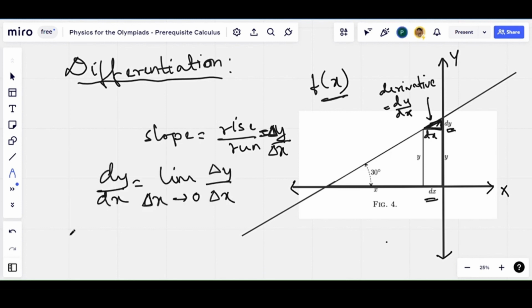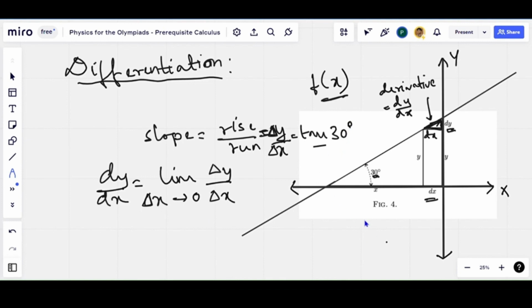In this case, the slope would be y by x, as it always is, but it is special because it is a right angle triangle with one angle as 30 degrees. So y by x can be written as tan 30 degrees, because here y is the perpendicular and x is the base, and tan theta for all theta is equal to perpendicular by base.